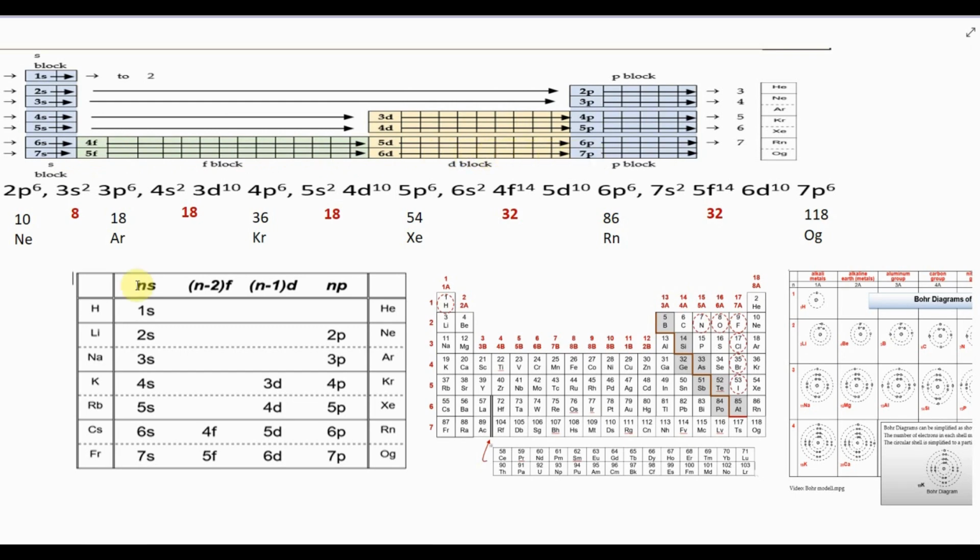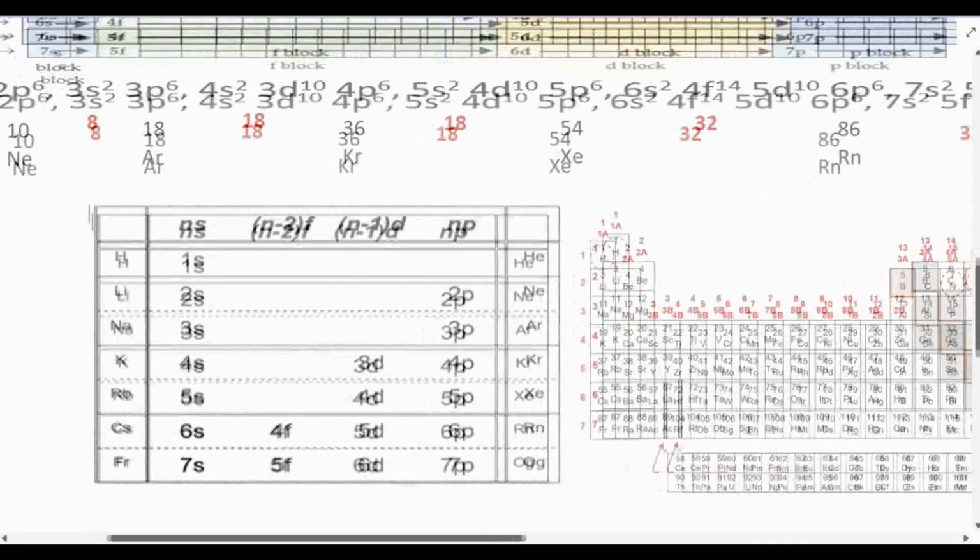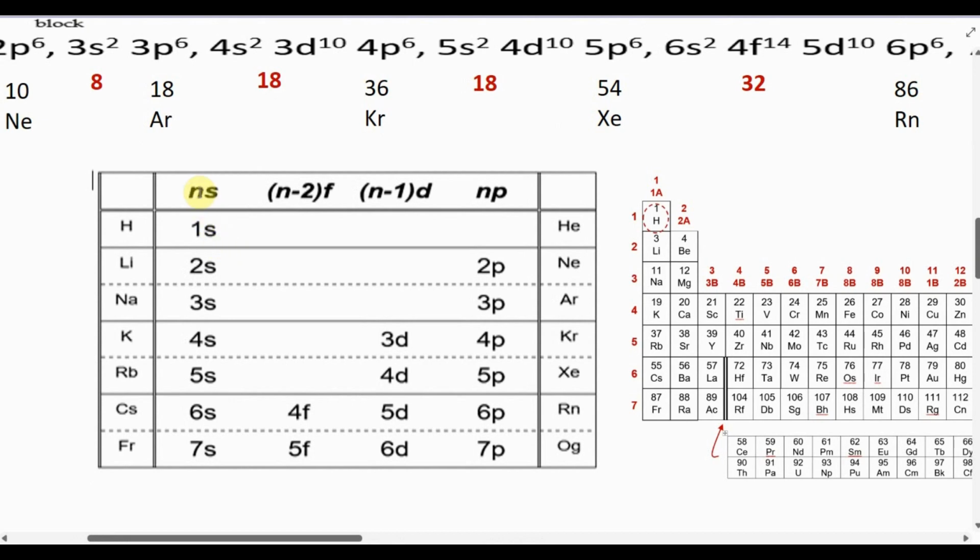Note the pattern. Note the letters n, n-2, n-1, and n. So n is the shell number, shells 1 through 7. So here we have the fourth shell being filled, 4s, and then we have (n-1)d, that means 3d, and then np is 4p. In the fifth shell we have n is 5, (n-1)d would mean 4d, and np would be 5p.